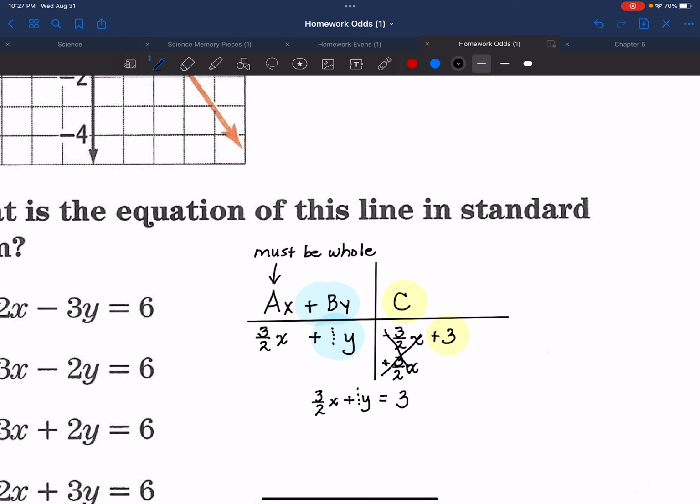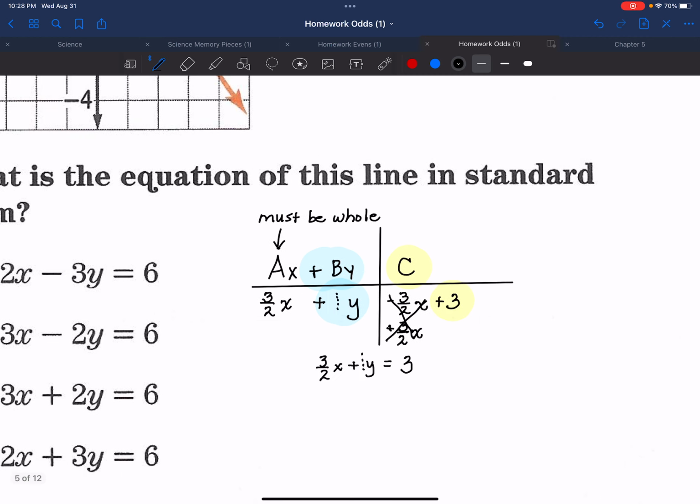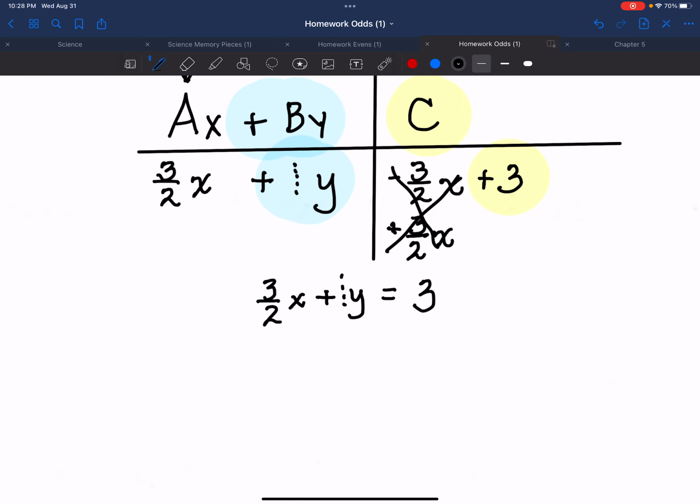But we're violating a condition of standard. We cannot have a fraction or a decimal in standard form as the A. So we have to get rid of the fraction. I need to get rid of that 2 on the denominator.